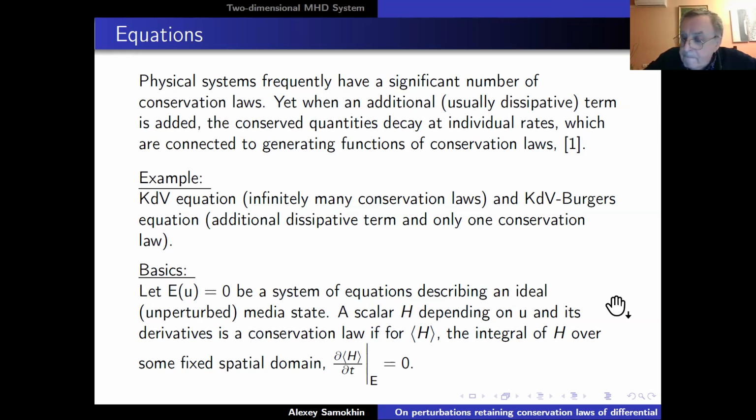But these conservation laws, which are intrinsic for the KdV equation, are of some use in investigating the development of the KdV Burgers equation, and the question of what is inherited in the perturbed equation is a very actual and very interesting question.